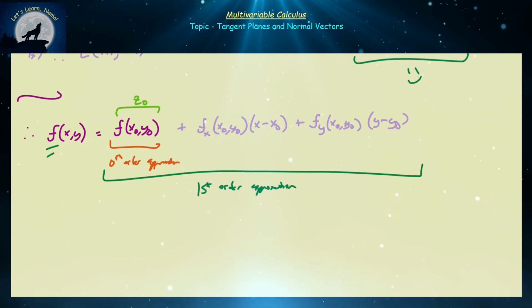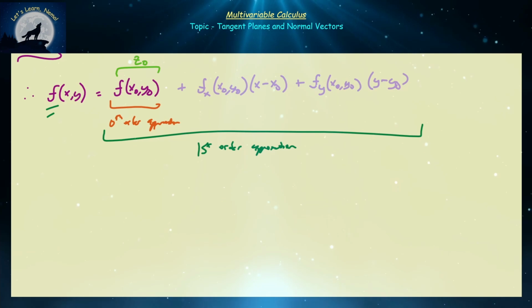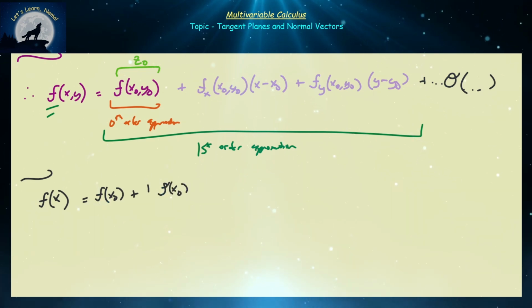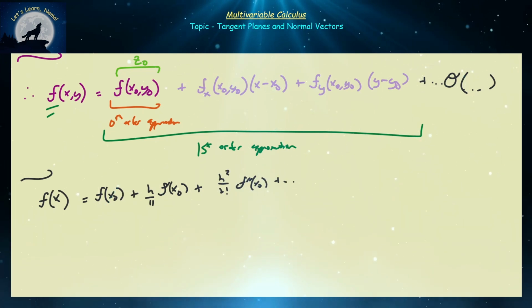And you may be like, oh, that actually kind of looks like a Taylor series that's about to build, right? Because there should be other terms here, in particular some O term that depends on the distance from x and the distance from y. Because keep in mind, if we look at a particular x value in 1 dimension, that's going to be equal to f of x0 plus f prime of x0 times h all over 1 factorial, plus h squared over 2 factorial times f double prime of x0, plus some other stuff, right?